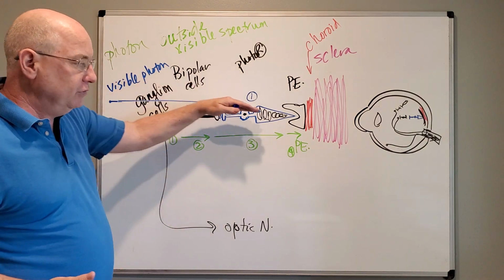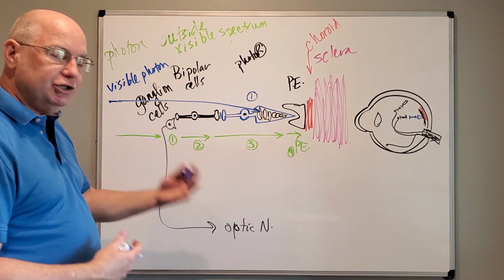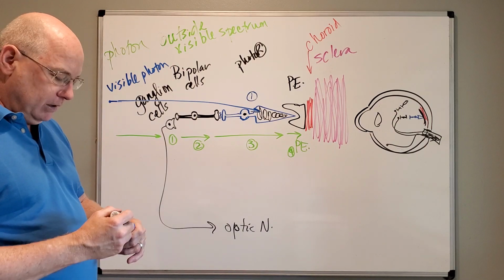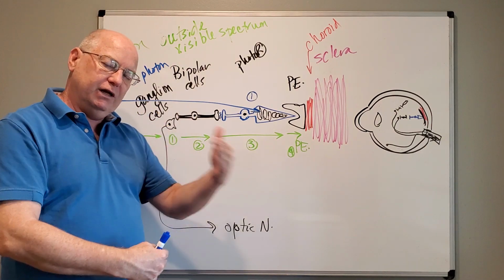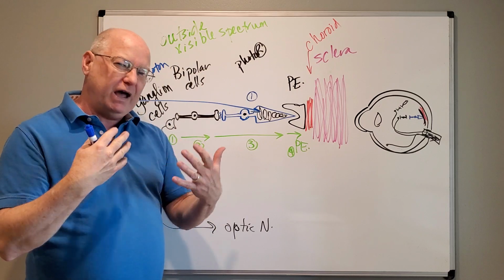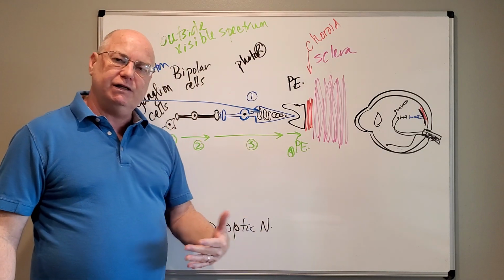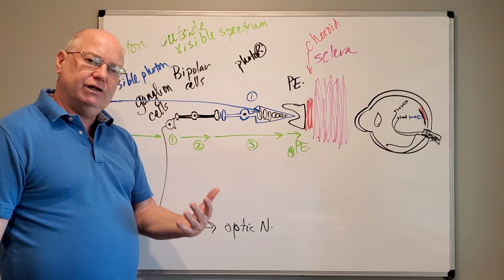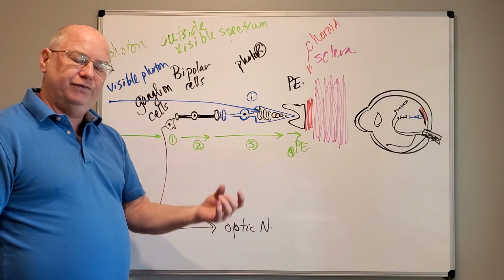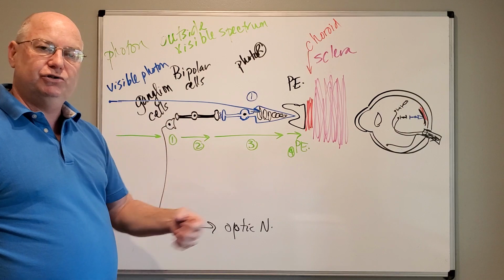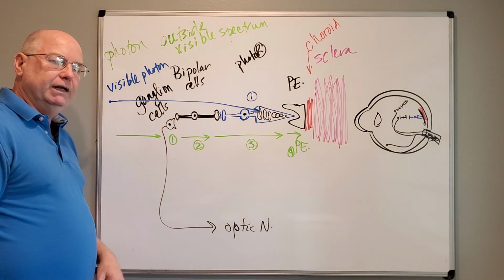When they absorb a photon of light, there's a change in resting membrane potential. There's a series of physiological steps similar to olfaction, where we amplify the signal with adenylate cyclase and cyclic AMP. It's a different series of steps. We have phosphodiesterase and transducin, and I'm not going to get into the steps.